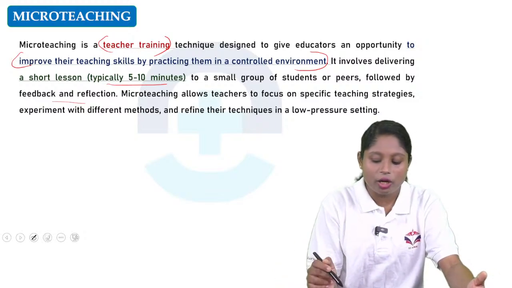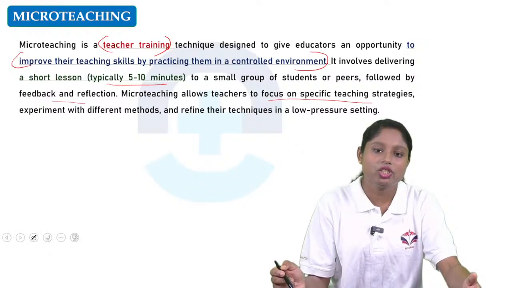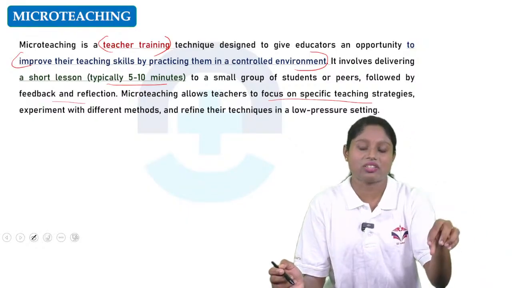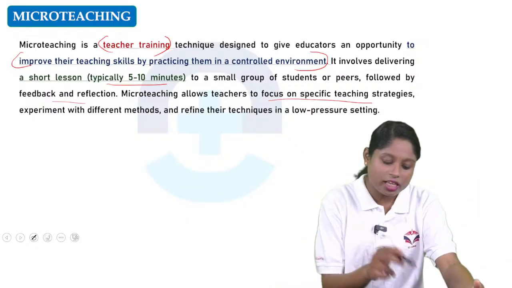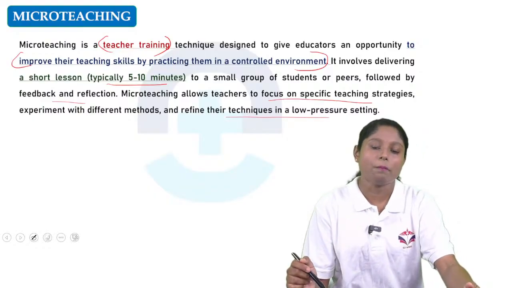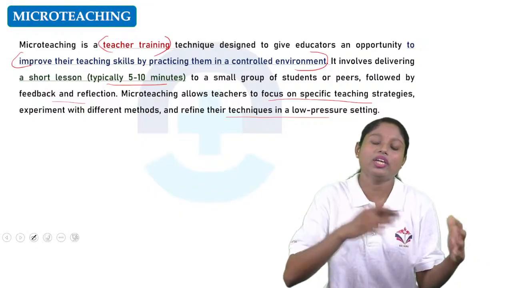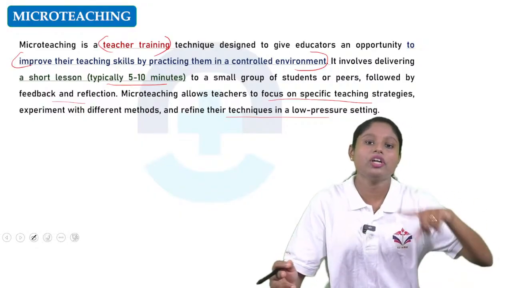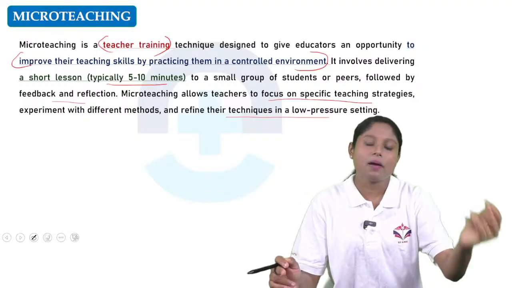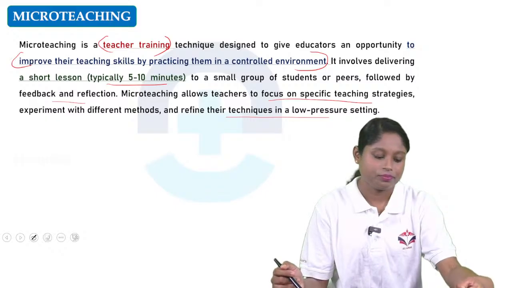Micro-teaching allows the teacher to focus on specific teaching strategies, experiment with different methods and refine their techniques in low pressure settings. Within 5 to 10 minutes, she can give maximum information about one topic. So that is micro-teaching. It's a teacher training technique.